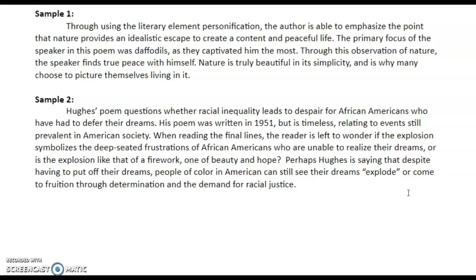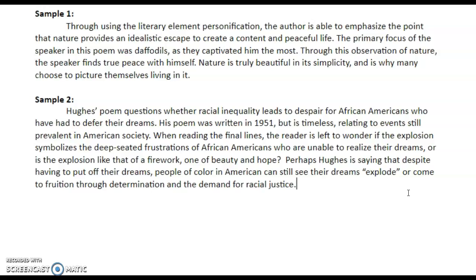and hope? So I actually got this idea from our discussion, and I feel like a lot of critics analyze the poem and say the explosion is negative, like African Americans can't realize their dreams, but I don't know if that's his message, and I think a lot of people had a different idea that the explosion was positive, and if they put off their dreams, that having them held back will make them come back even stronger.